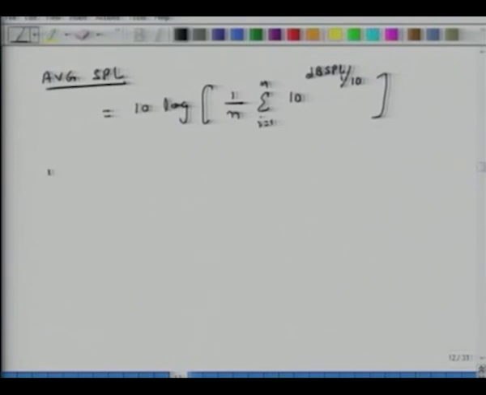Another example I'll do is, let's say my 5 measurements are 96 dBs, 88 dBs, 94 dBs, 102 dB, 90 dB.